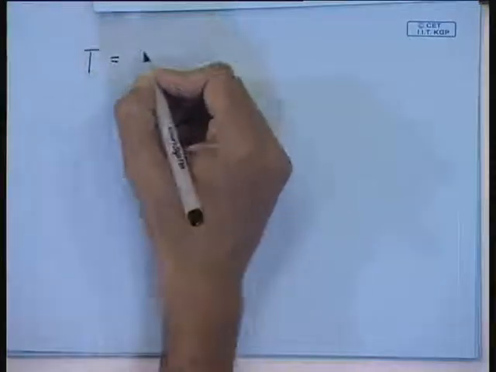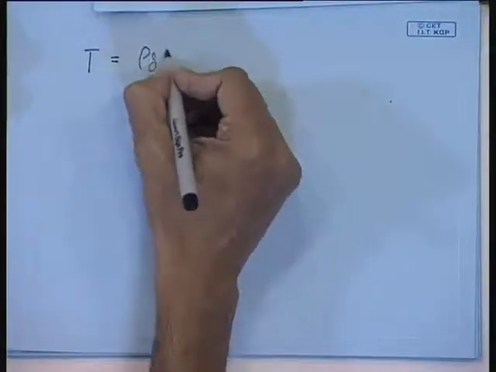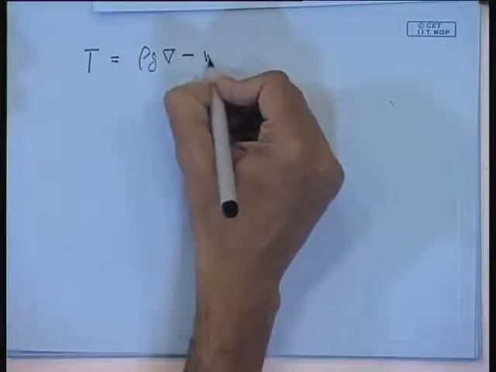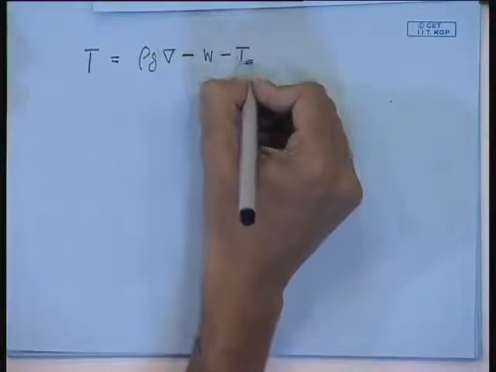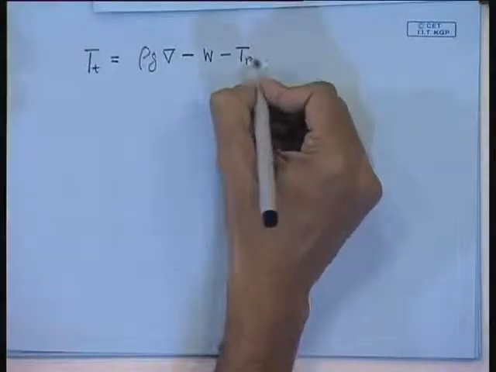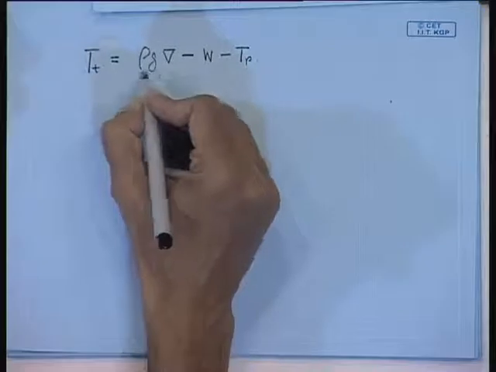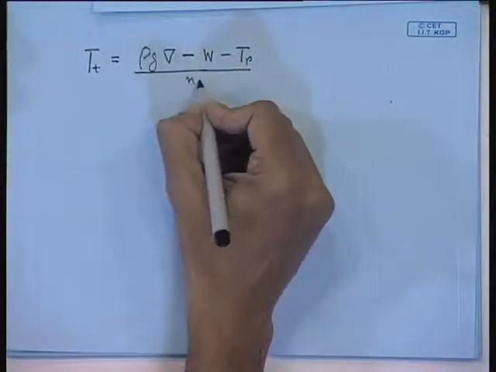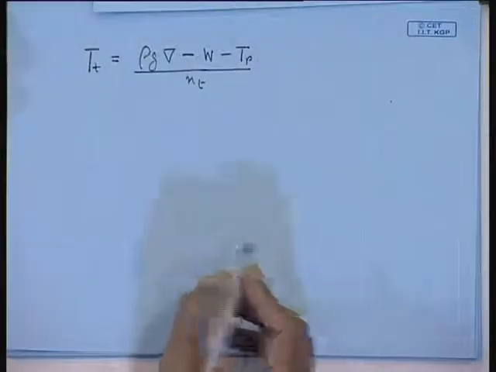So, tension in each cable is, so the tension that we have worked out is rho g delta minus, there are two forces, minus the weight and riser tension, isn't it? So, this is cable tension and this is your riser tension. You simply divide this by number of cables. So, this is your equation.